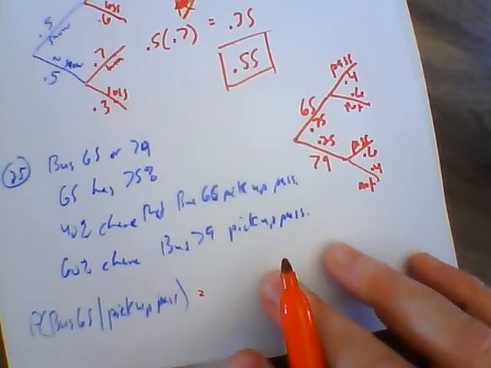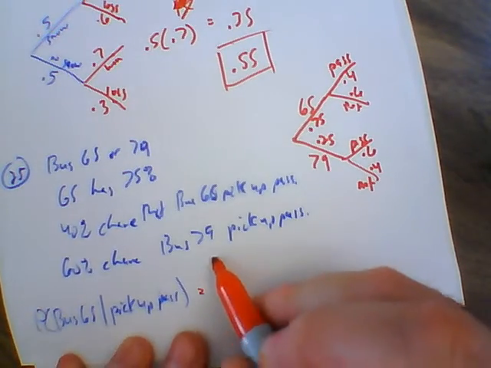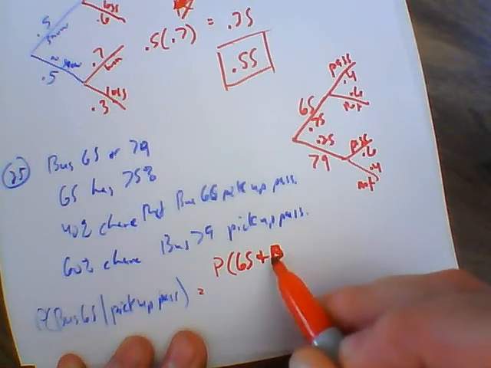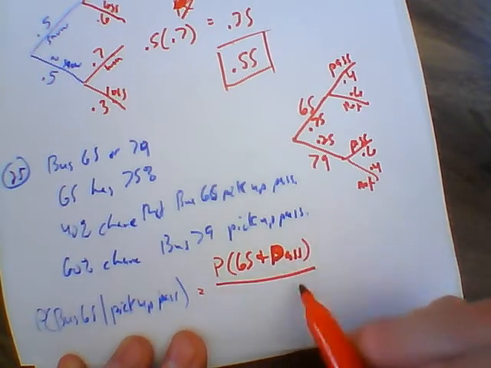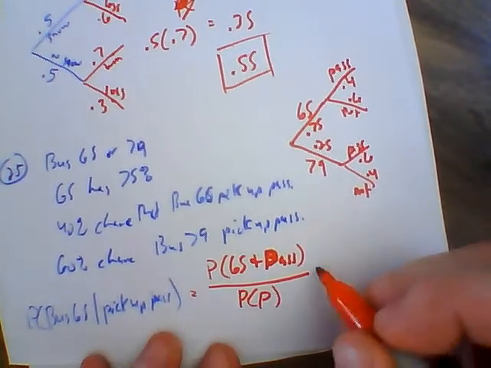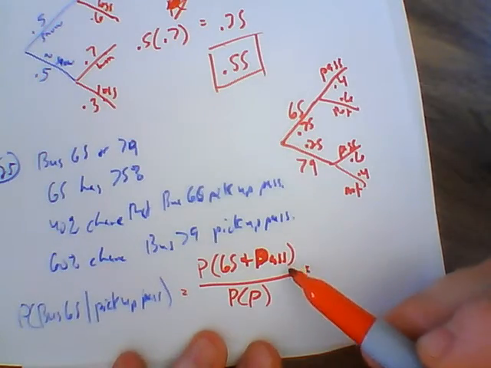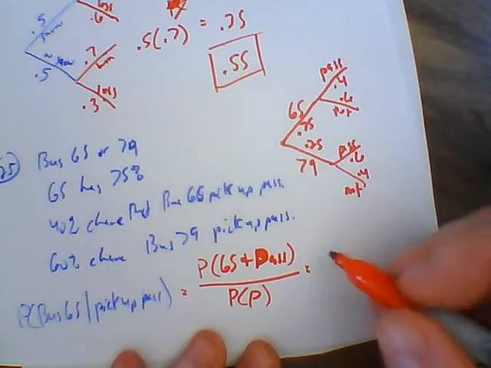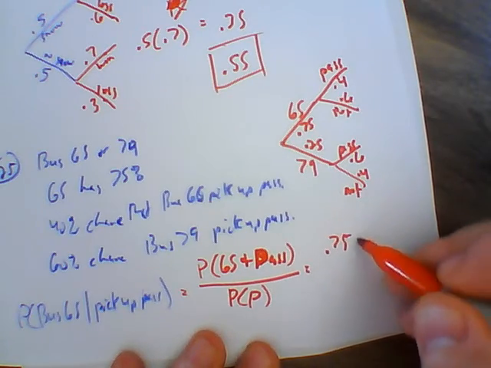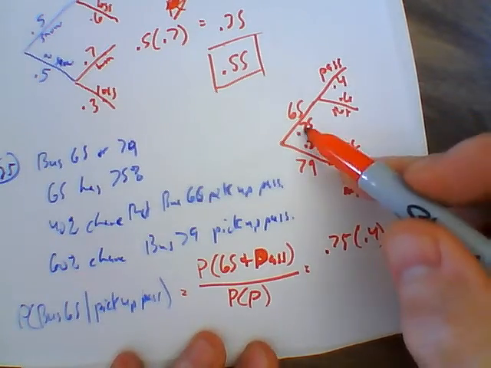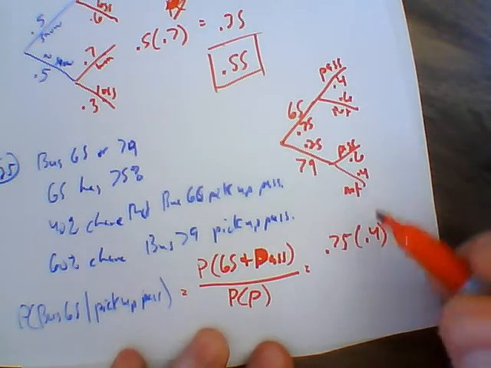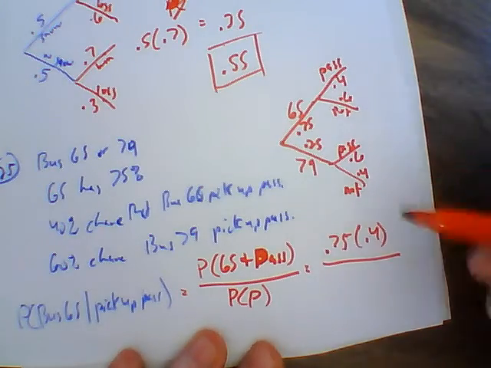So when we consider what's happening here, we got to be figuring out what's the probability that it's 65 and passengers divided by the probability of having passengers. Okay, so if we consider 65 and passengers, that would be 0.75 times 0.4. Once again, probability of this and this happening, 65 and passengers. So we're going to multiply that together. Over then the probability of just having passengers.